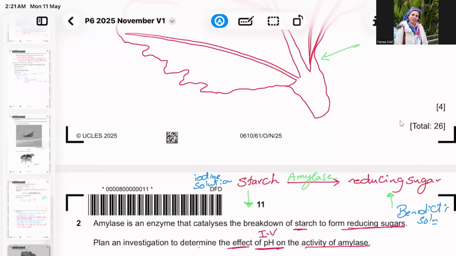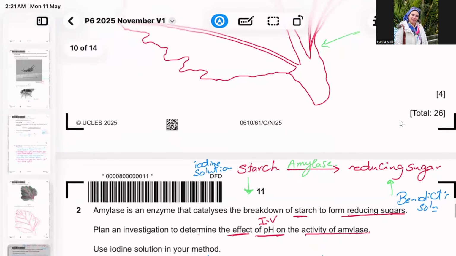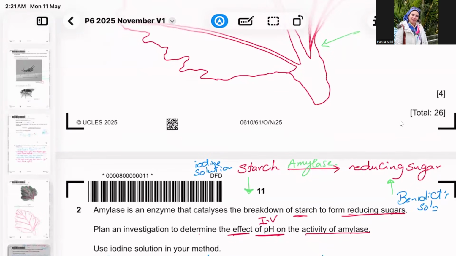But in this question, we have a condition. You need to use iodine solution in your method. And now he wants this side of the experiment. He needs this part. How can we plan an investigation?